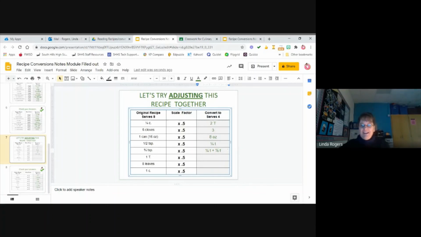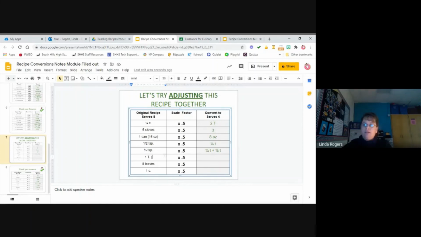All right. Tablespoon. Let's see, Raul. What's half of a tablespoon? What do we got to do first? Would it be 1 1/2 teaspoons?